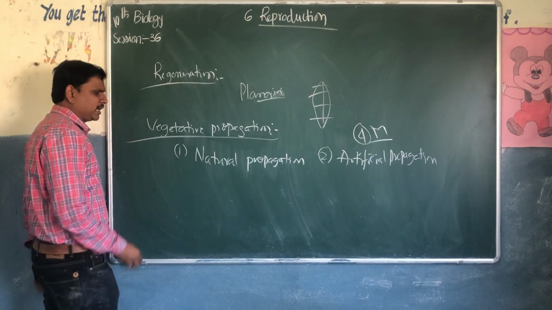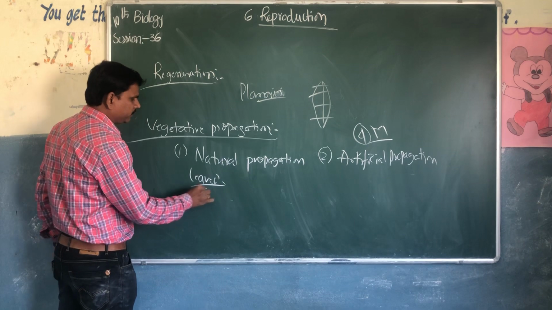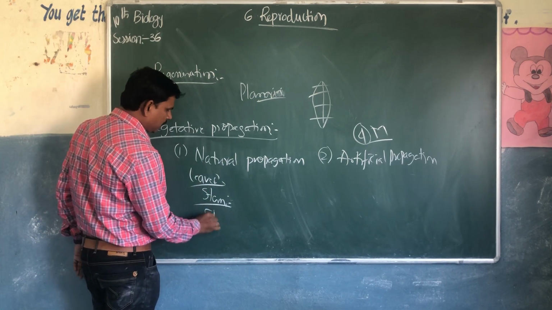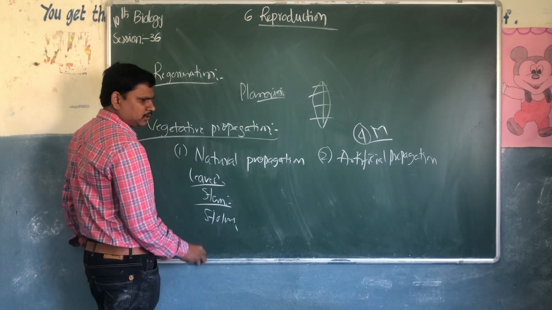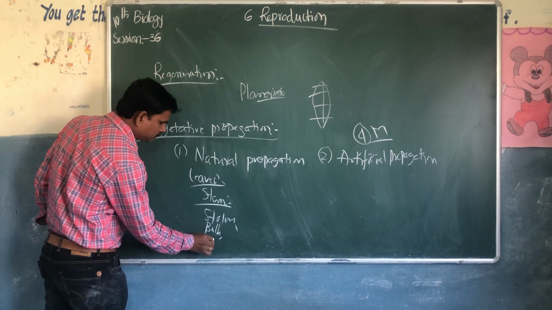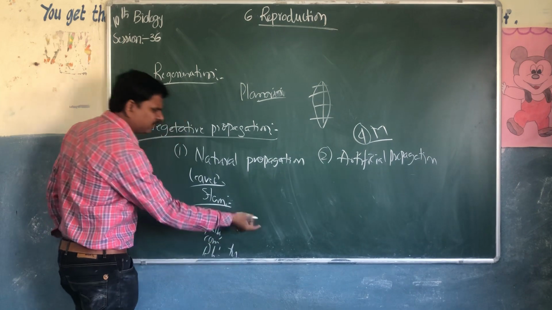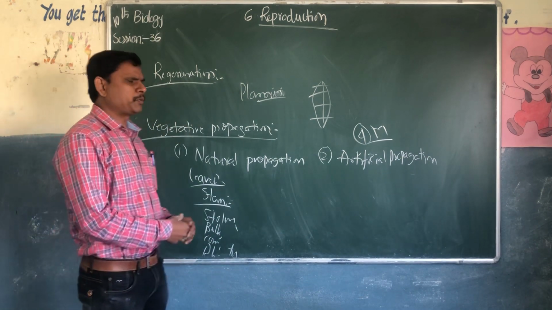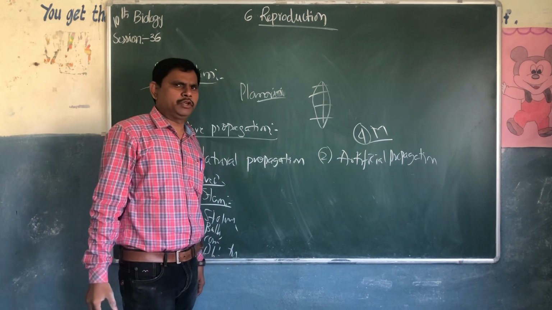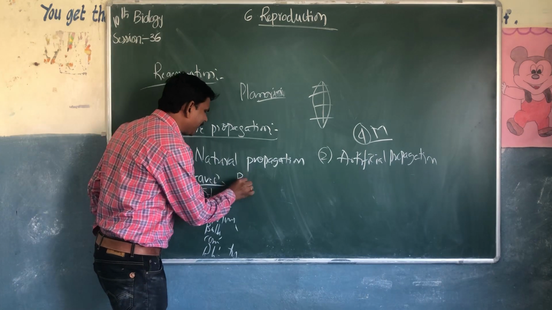Natural propagation again has different types. One is leaves, another one is stems, like some stolons, some bulbs, some corms, rhizomes and tubers. There are different types of natural propagation that grow naturally, not by human beings. For example, leaves: Bryophyllum.